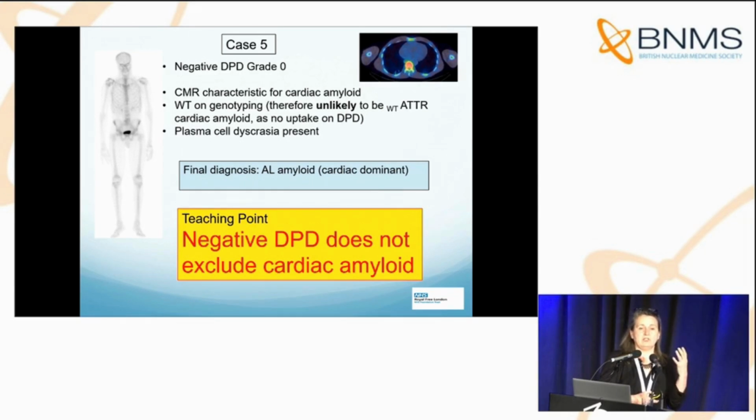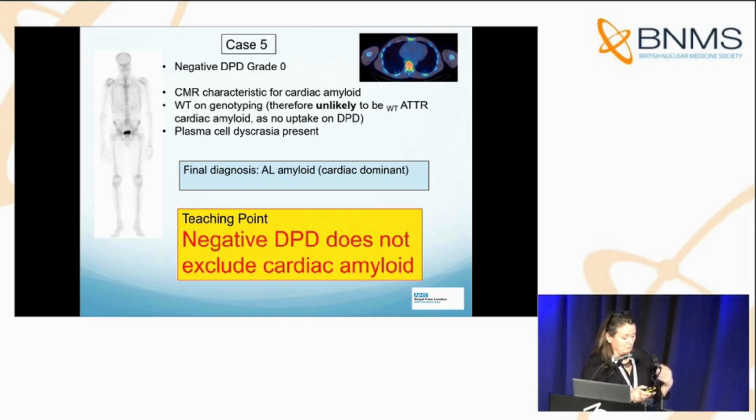We usually see intense uptake with the wild type patients. The hereditaries can have this slightly wishy-washy, low grade uptake on the SPECT CT, but with the wild types, it's usually really intense. I don't think we've seen any grade 1 wild types, as far as I'm aware. No, I've not reported one.